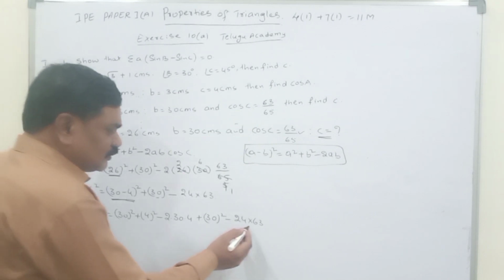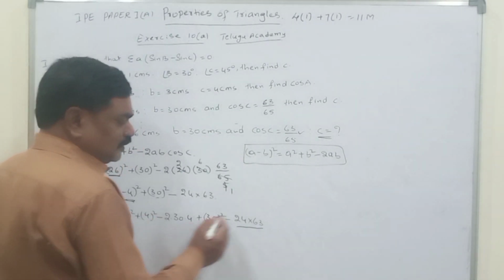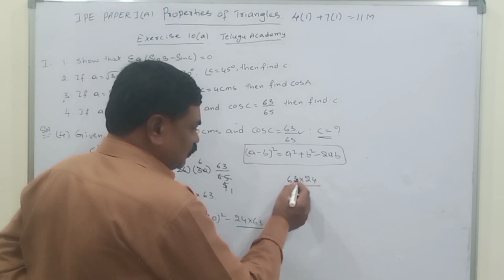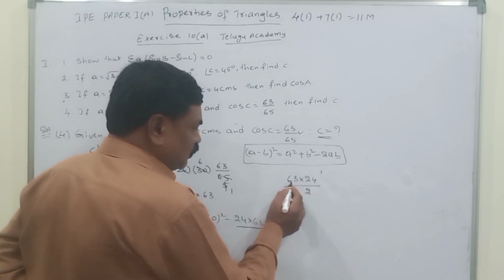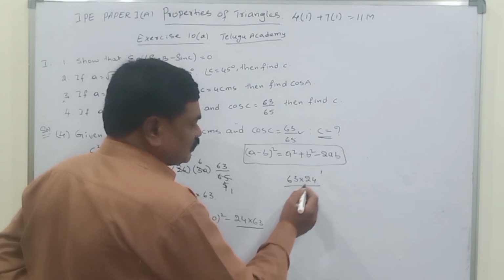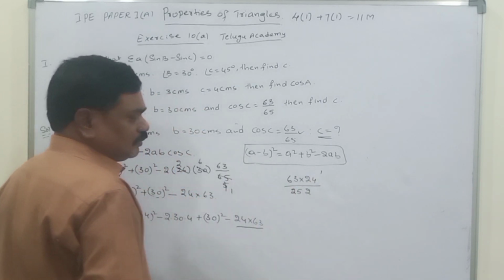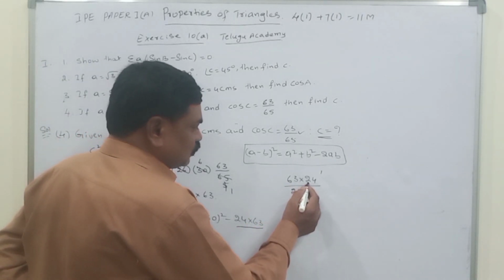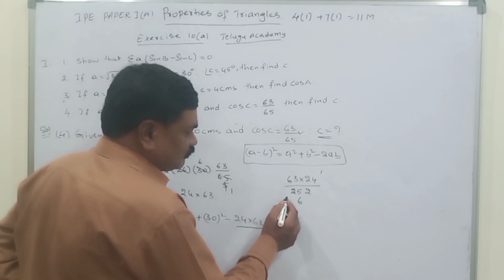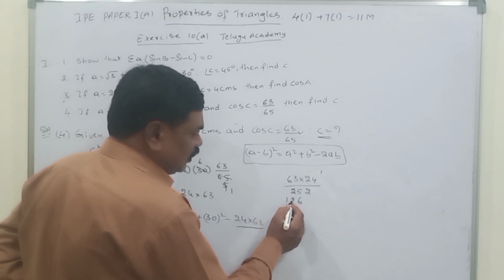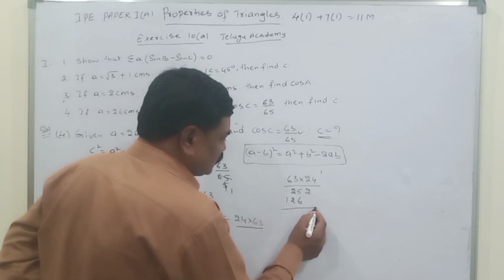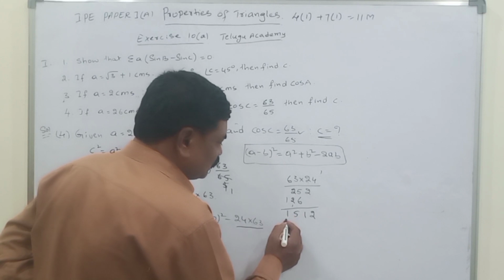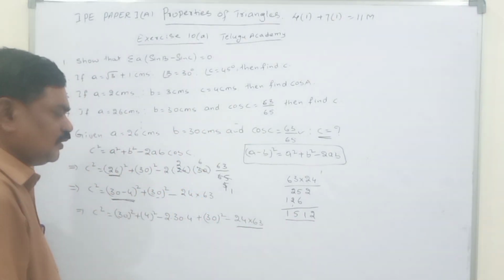You observe here, what is the value of 24 into 63? So 63 into 24: 4 threes are 12, 1 carried; 4 sixes are 24 plus 1, 25. Okay, all of you. And 2 threes are 6, 2 sixes are 12, so this one gives 1512.